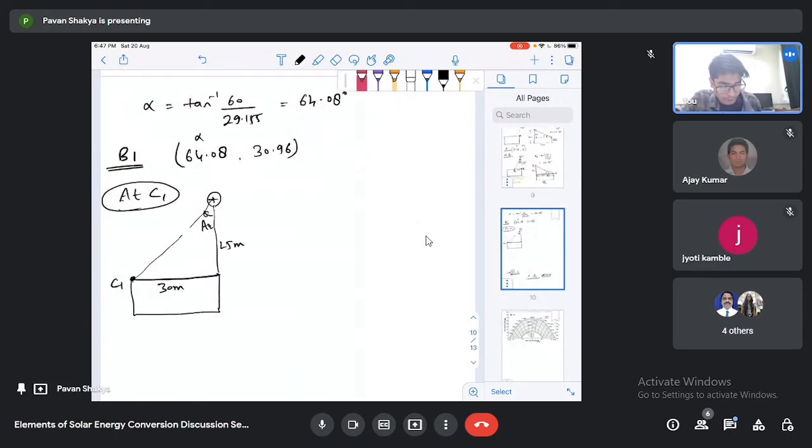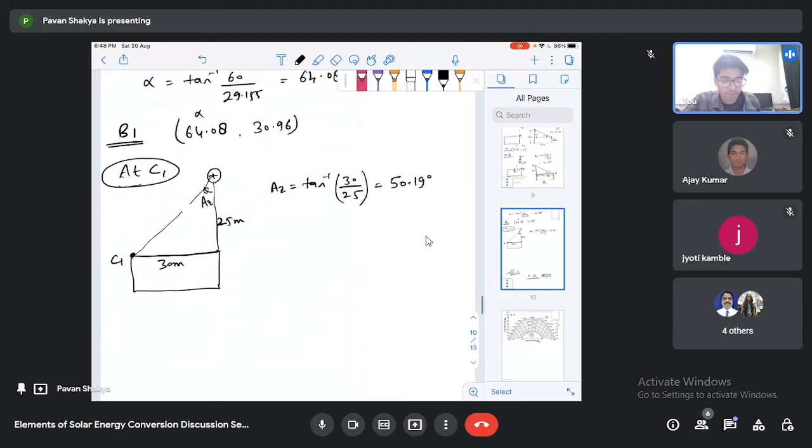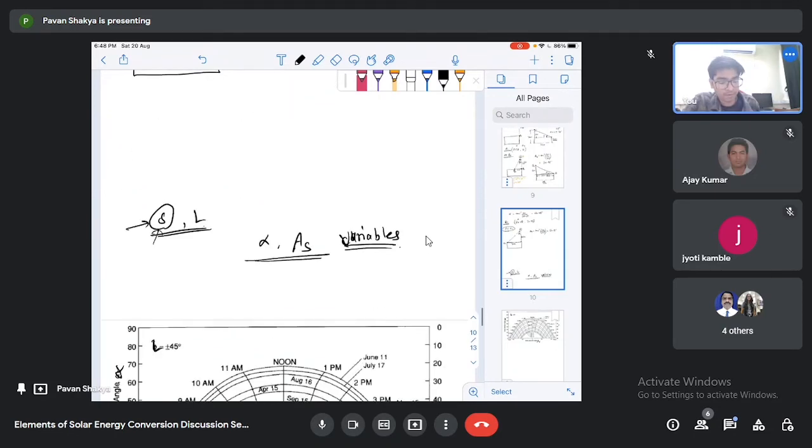This one is 20 meter. So we can easily calculate the azimuth value, that will be tan inverse of 30 divided by 25. Okay, and when you solve, you will find that this azimuth value comes out to be 50.19 degree.